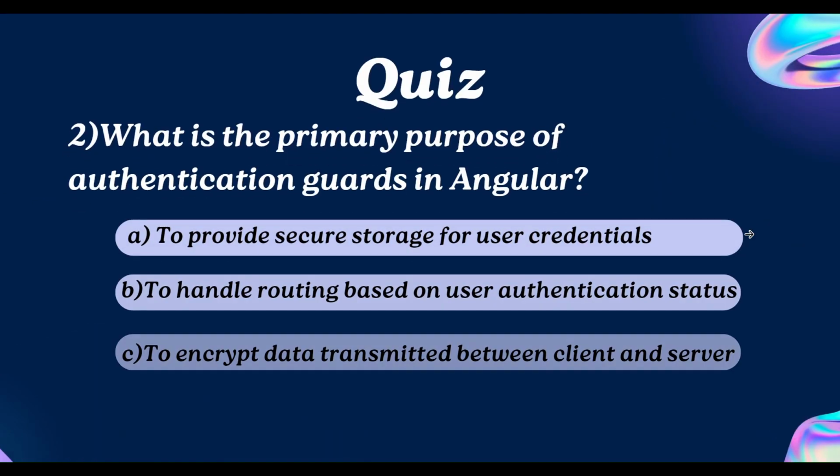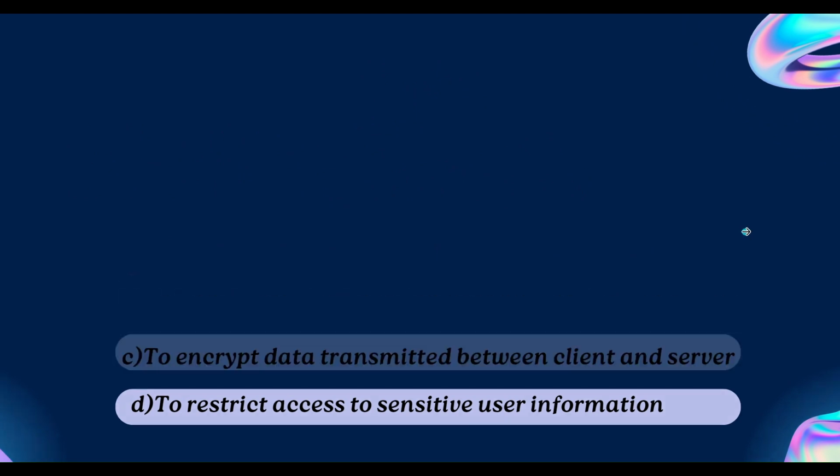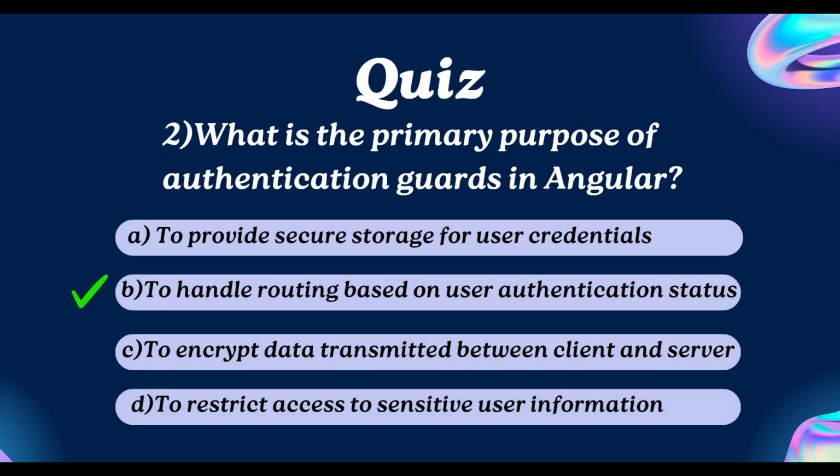What is the primary purpose of authentication guards in Angular? Pause the video and try to answer it on your own. The correct answer is to handle routing based on user authentication status.